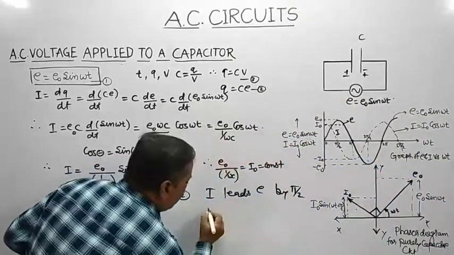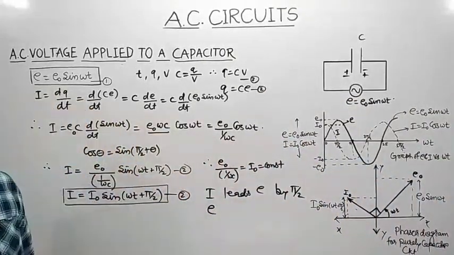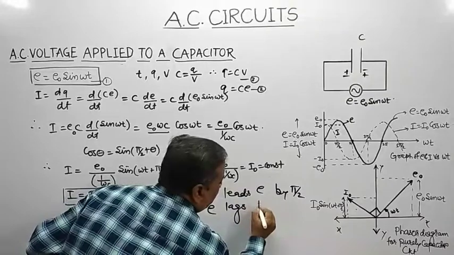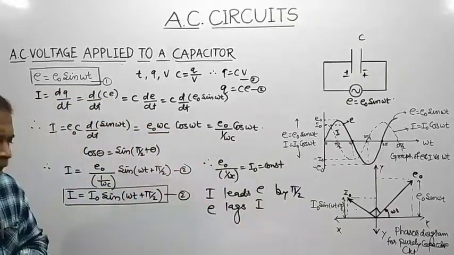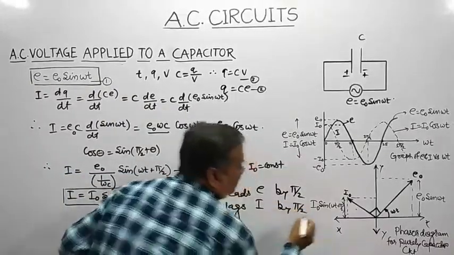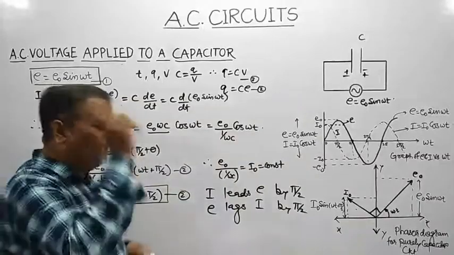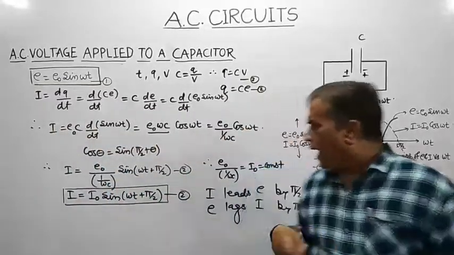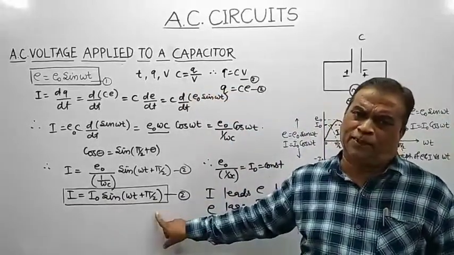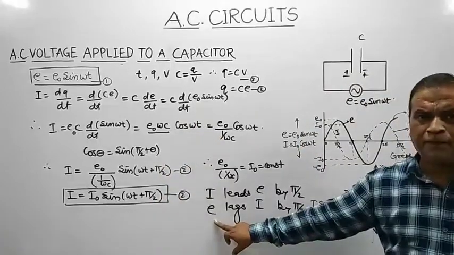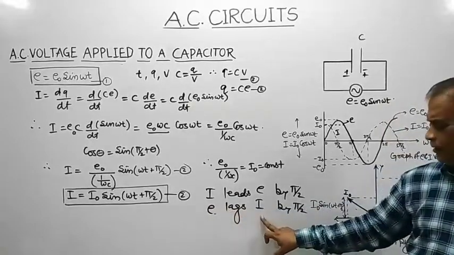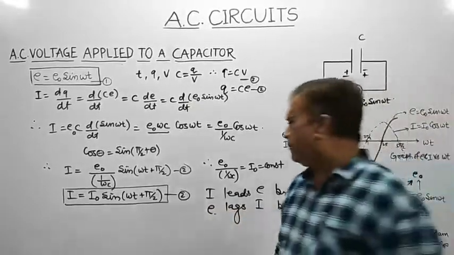It means in a purely capacitive circuit, the alternating EMF lags behind the alternating current by phase angle of pi by 2 radian.